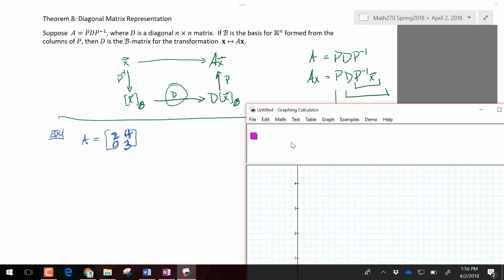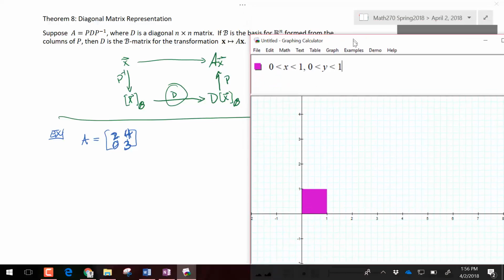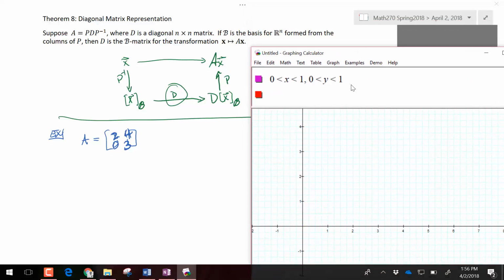Let's define a square: 0 less than x less than 1, 0 less than y less than 1. And then now let's transform this into that skew thing that we're talking about.